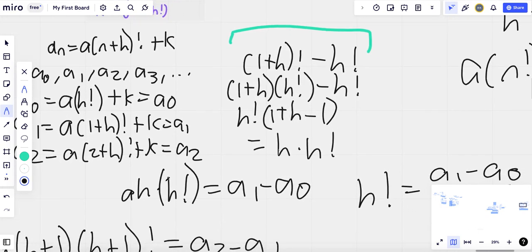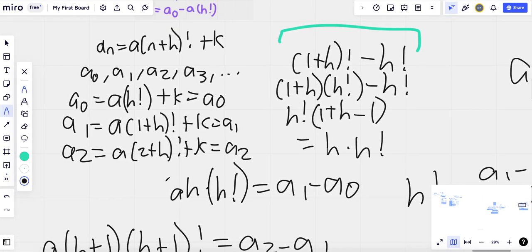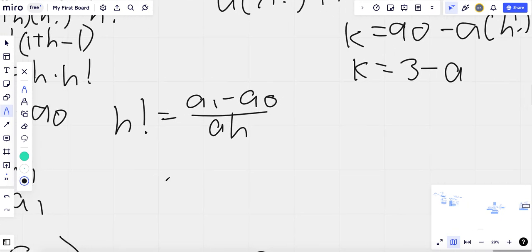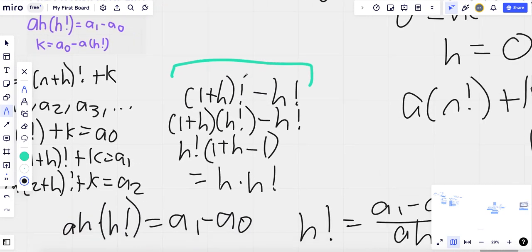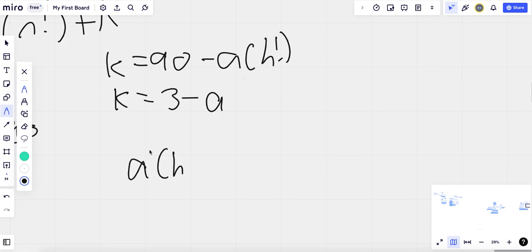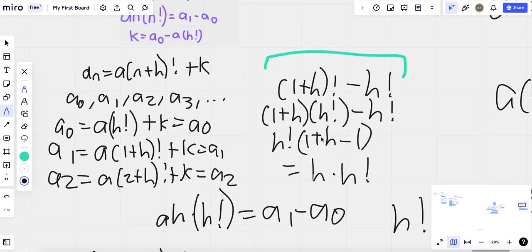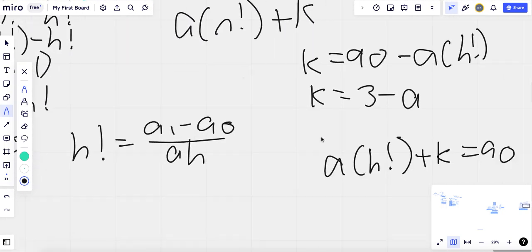So on one, we have A times h factorial plus K is A0. And the other is going to be A times 1 plus h factorial plus K is A1.